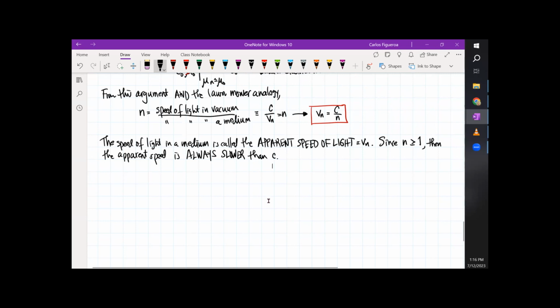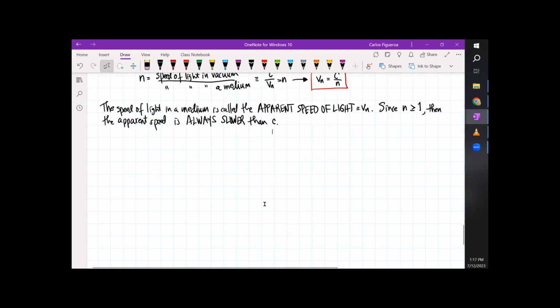So if this is the apparent speed of light, it's equal to c over n, but you can see here, the speed of light is a constant, so that's proportional to 1 over n. So what are we really seeing when we look at this thing?